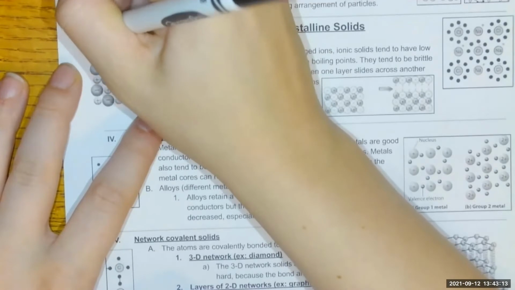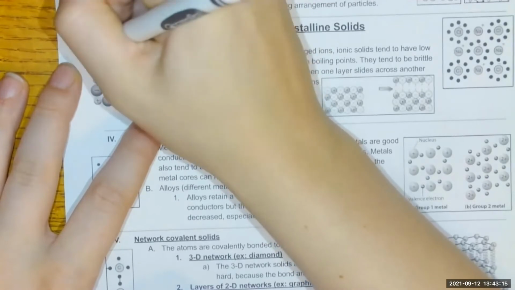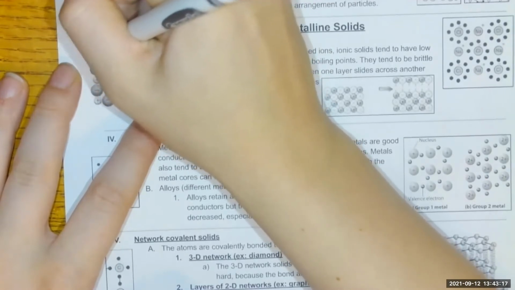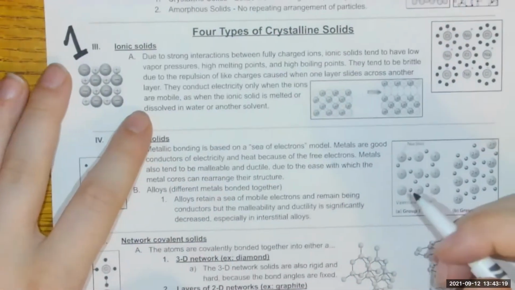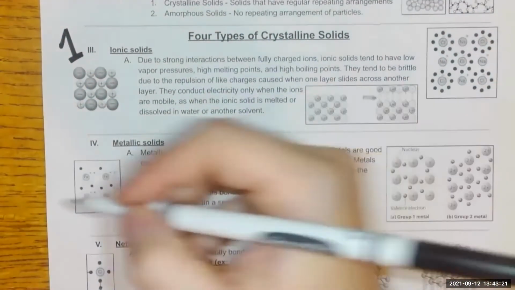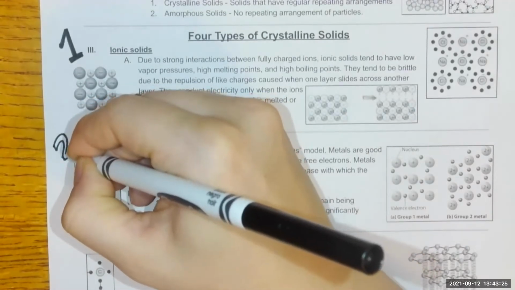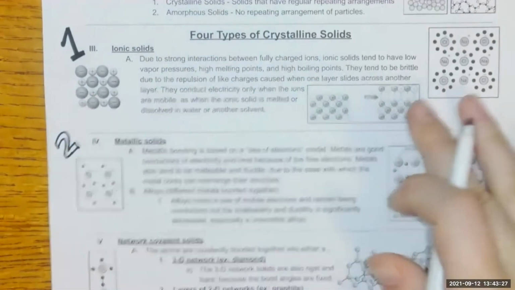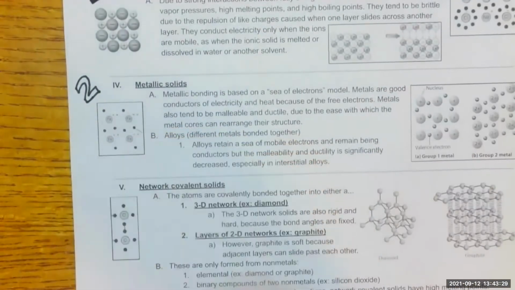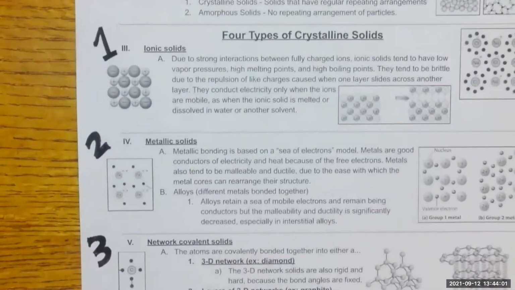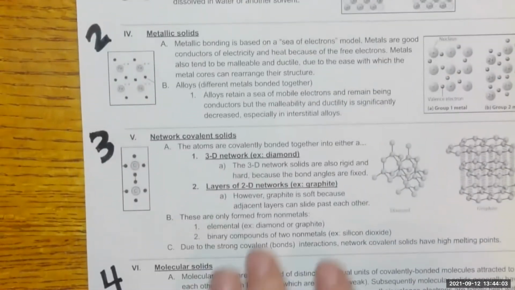I kind of just wish I had a fat marker, but I didn't bring any fat markers home with me, so I have to like shade it in. Number 1, number 2, go through and I'll pause the video so you don't have to watch me draw these. But 1, 2, 3, and 4. And it's a good thing that my paper doesn't have a backside, because like would have totally bled through.